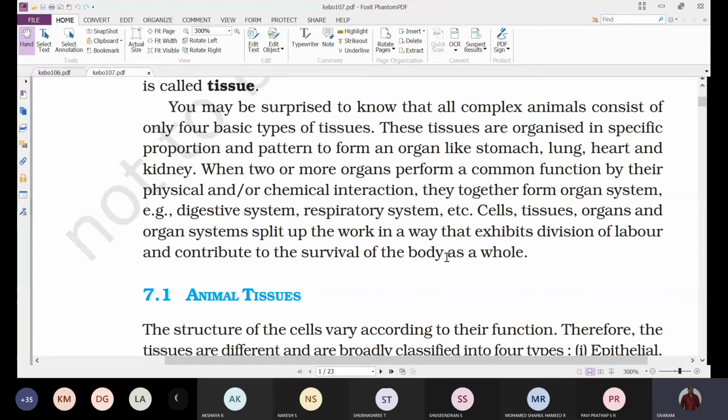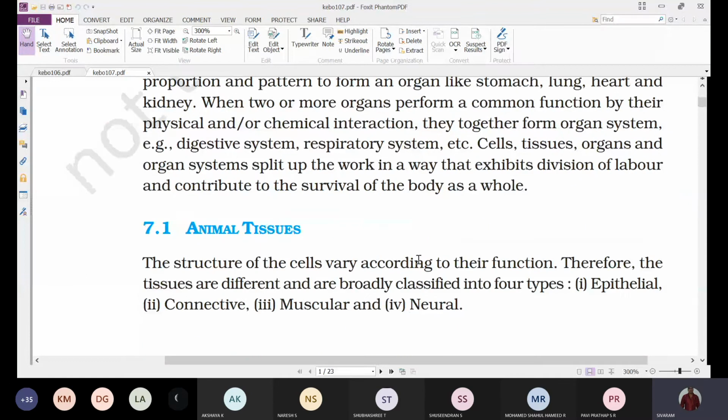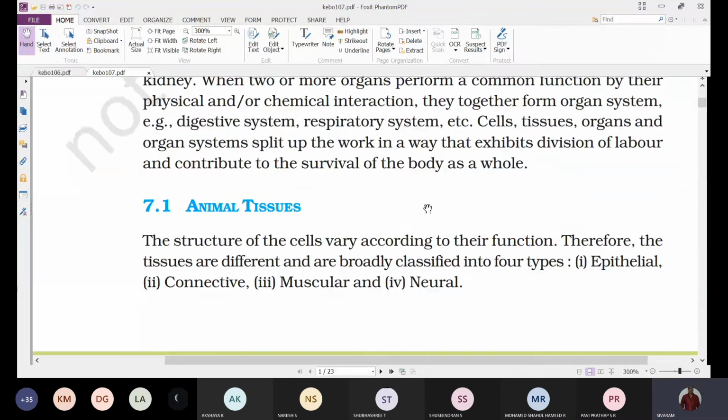So this complex organization was developed to split up the work and to increase the efficiency of the organism for its survival.